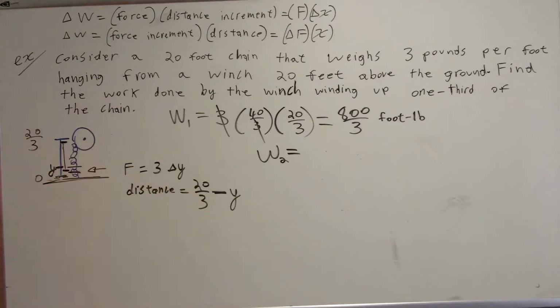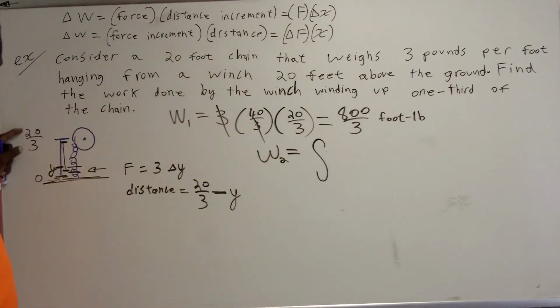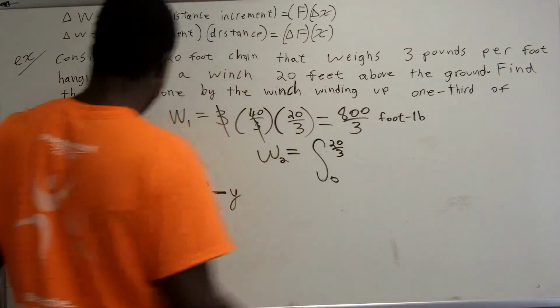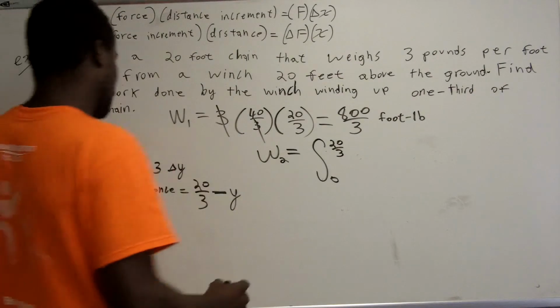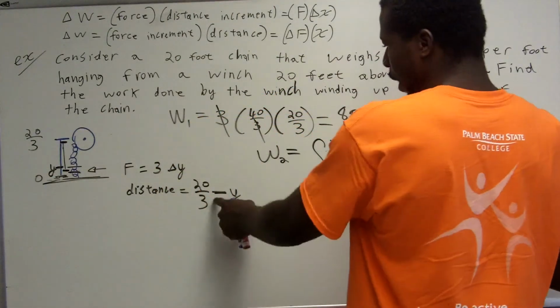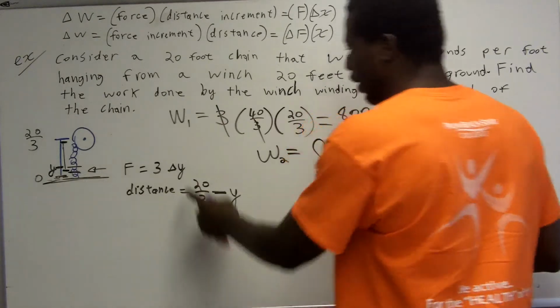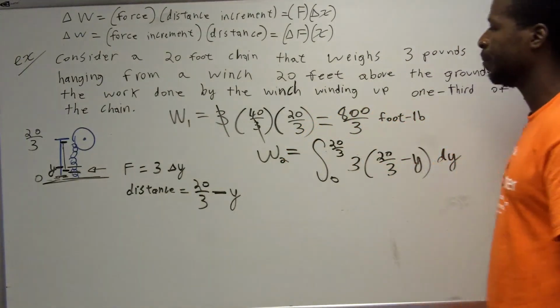This is going to be the integral from 0 to 20 over 3 of the force times the distance, which is going to be 3 times the expression 20 over 3 minus y, and then my delta y is my dy over here.